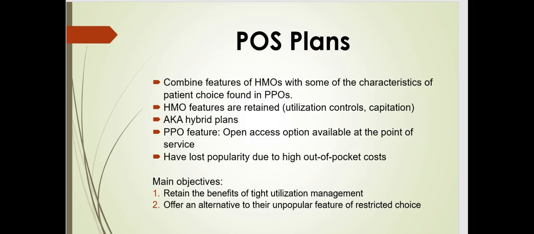Point of service plans grew in popularity because choice of providers had a special appeal for most enrollees. Over time, as HMOs relaxed some of their utilization control practices, and PPOs already offered a choice of providers, the need for a hybrid plan became less and less important to consumers.